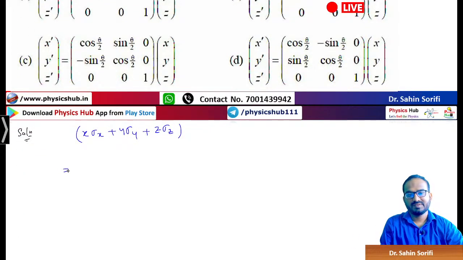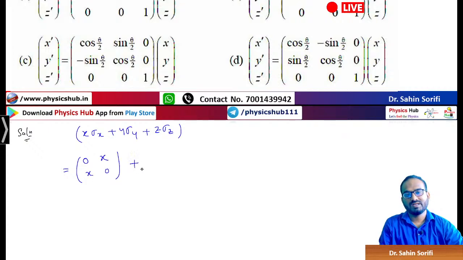You know the value of sigma x, that is (0 1; 1 0), so x is multiplied with it. y sigma y is (0 minus i; plus i 0). You have to remember, as I told you, the Pauli spin matrices.